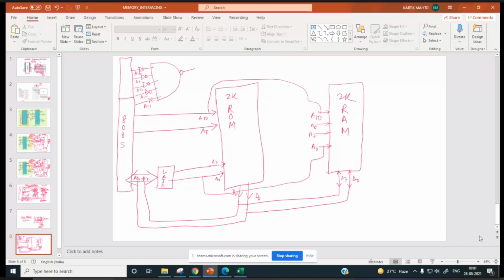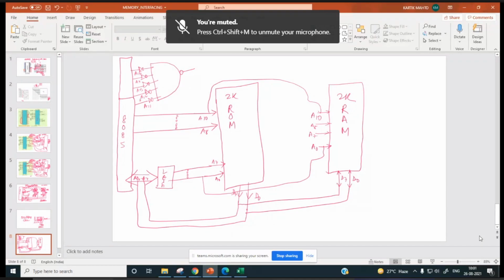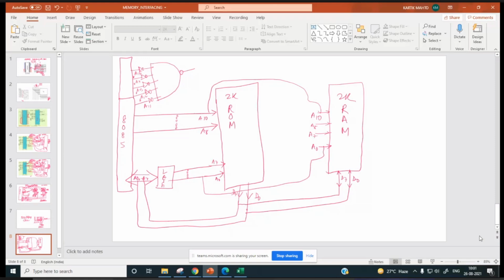Now, if all are 0, what will be the output over here? At this point, what will be the output? If A11 is 0, A12 is also 0, A13 is also 0, so all inverted will be 1.